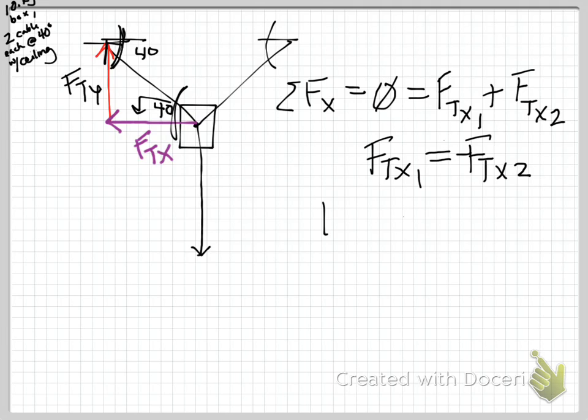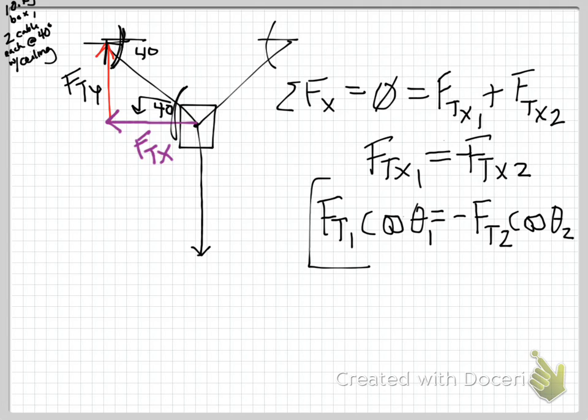So what that allows us to do is say, well, force of tension 1 times cosine theta 1 is equal to the negative of force of tension 2 times cosine theta 2. Should that be force of tension x2? No, because I just put in the cosine. He was asking, should this be force of tension x? That's the expression for force of tension x.